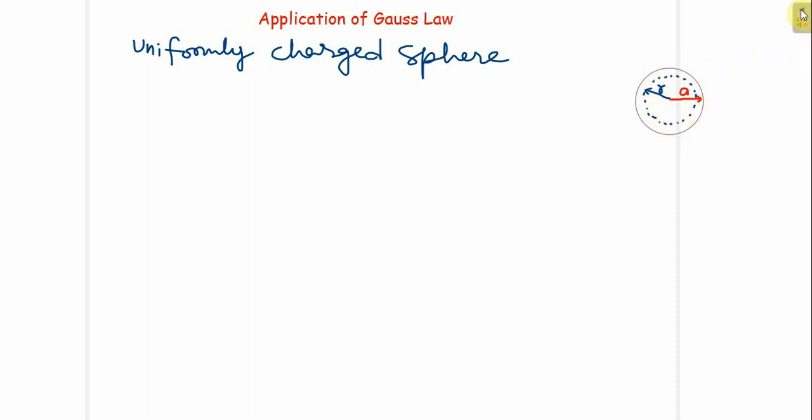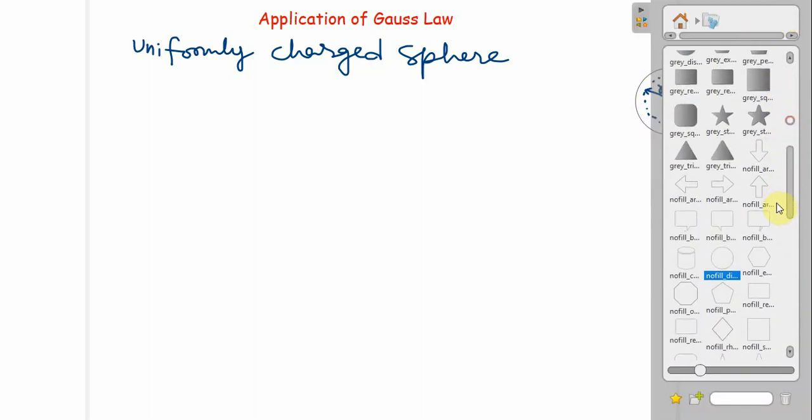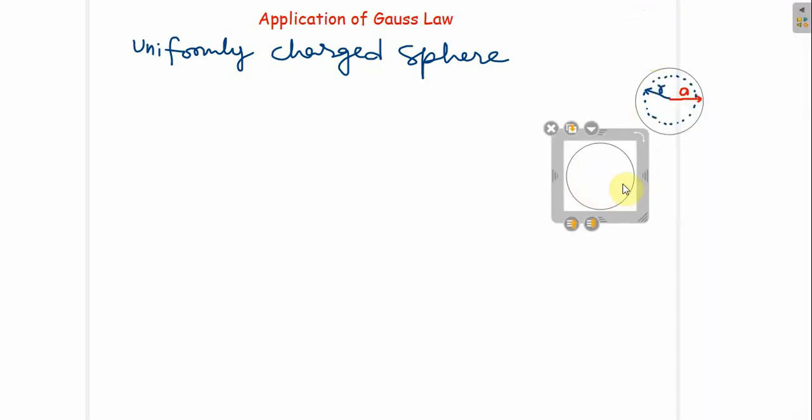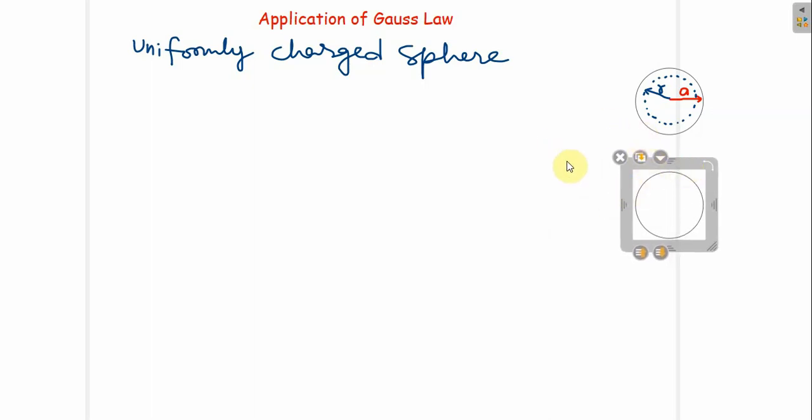Now the another case. In the another case we have this sphere with the same radius a, and we will have the Gaussian surface like this, and this Gaussian surface is going to enclose this uniformly charged sphere, and let us assume that this is the r.